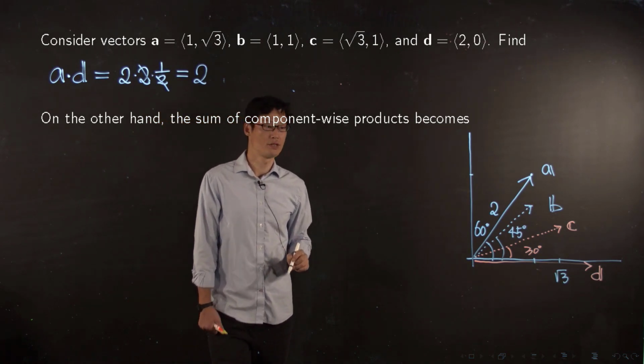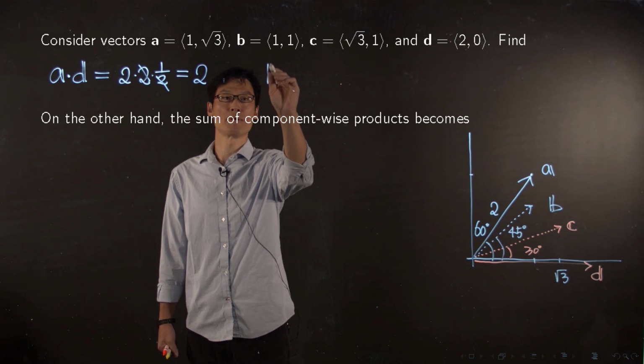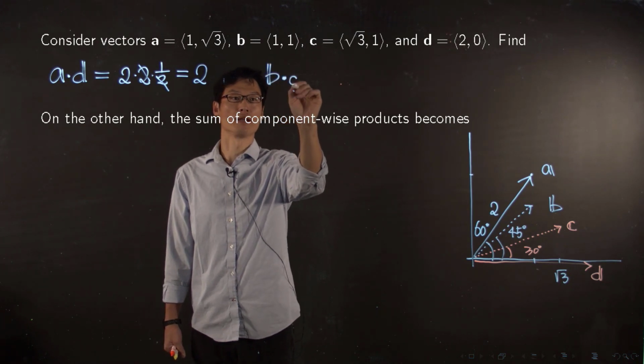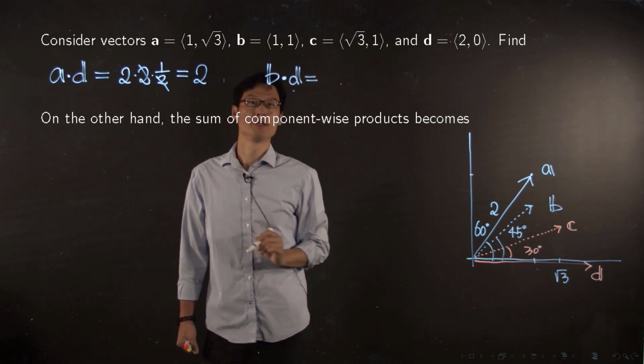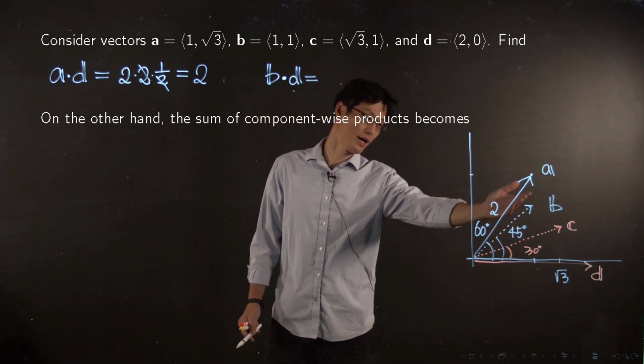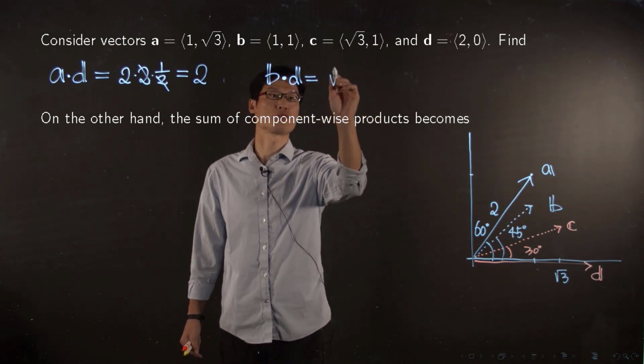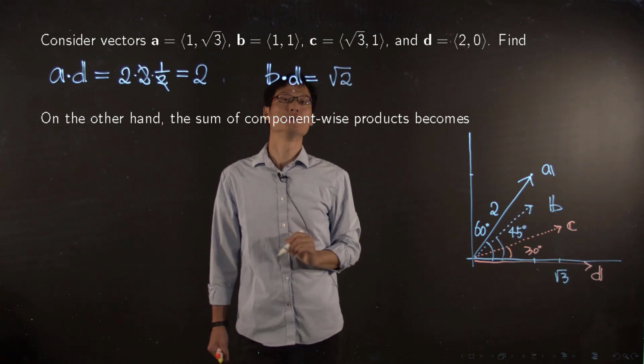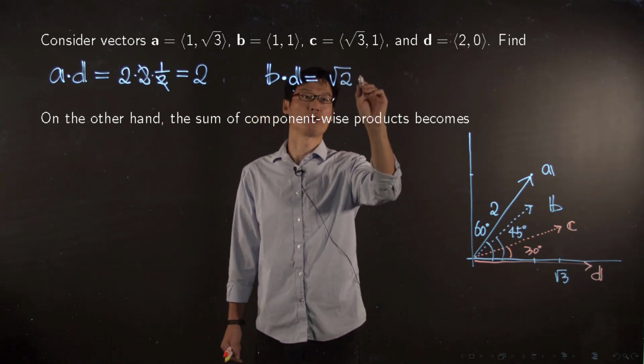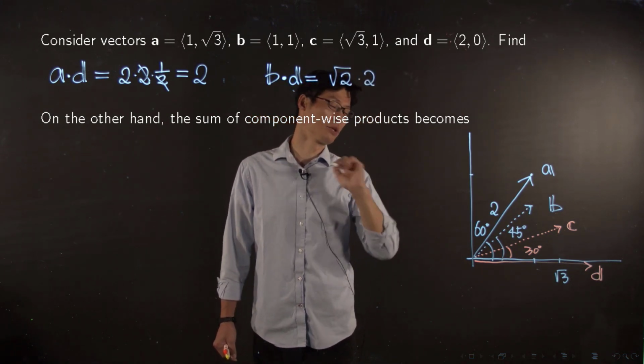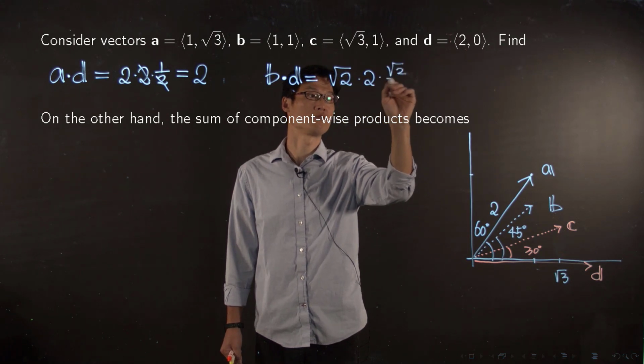And then the dot product between B and D. This vector B has magnitude square root 2, and vector D has magnitude 2, and the angle between them is 45, cosine 45.